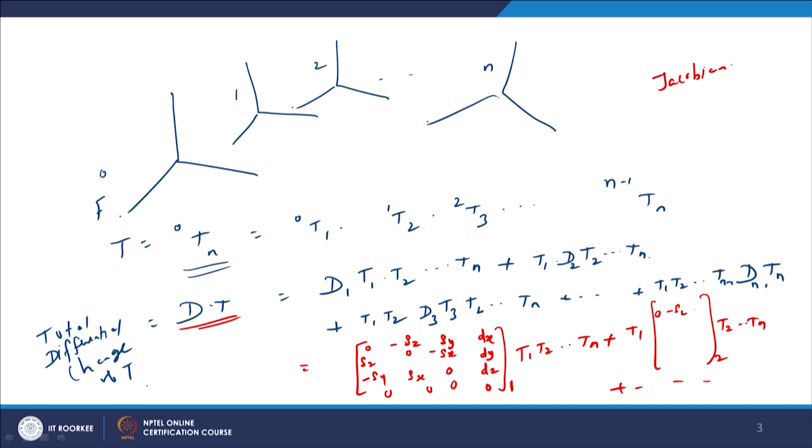This is the procedure for finding the total differential change of the frame T by adding all the partial changes with respect to each intermediate frame. Using this procedure, we will define the manipulator Jacobian in the next lecture. Thank you.